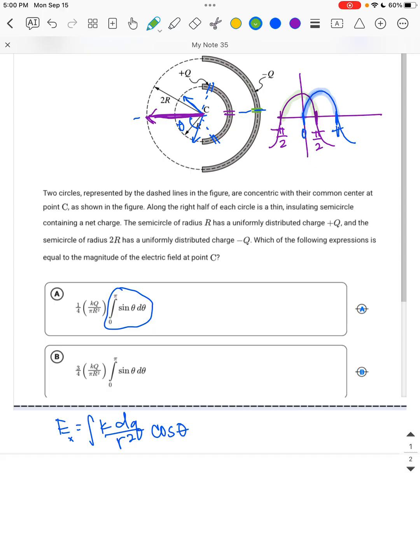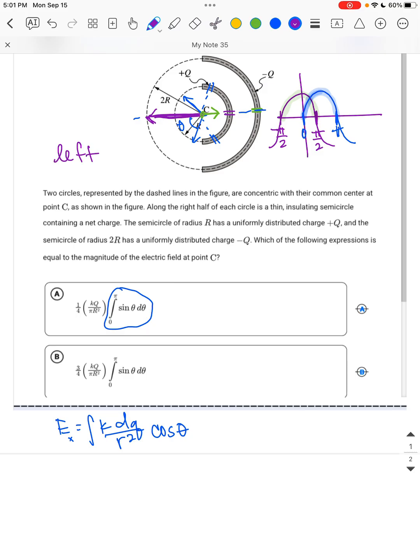The equation is going to be the same, but it's going to be a smaller electric field because the electric field is inversely proportional to distance squared. And so that's why we know that the negative charged ring is going to subtract from the positively charged ring. And the net field is going to point left in the end.